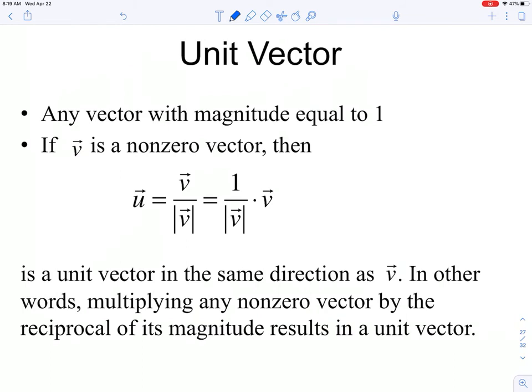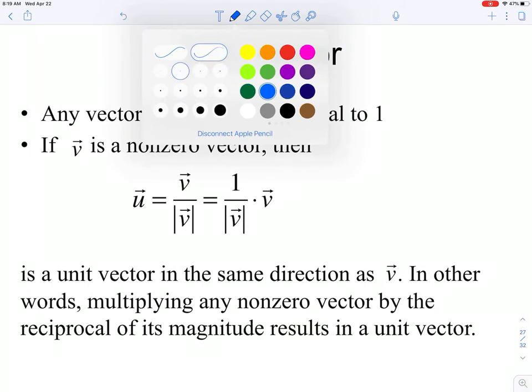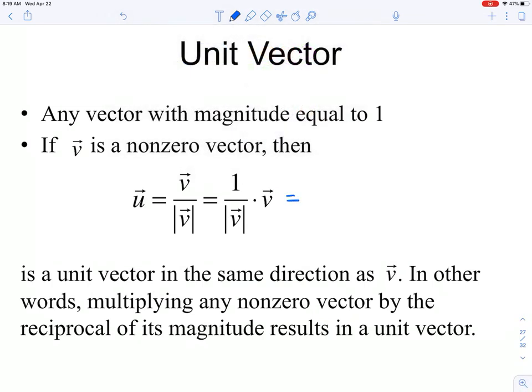So any vector that has a magnitude equal to 1 is a unit vector. So if V is a non-zero vector, then its unit vector is going to be the vector V times 1 over its magnitude. So if we think about this, which makes sense, this would be equal to 1 over the magnitude of V times the magnitude of V times cosine theta, comma, the magnitude of V times sine theta.